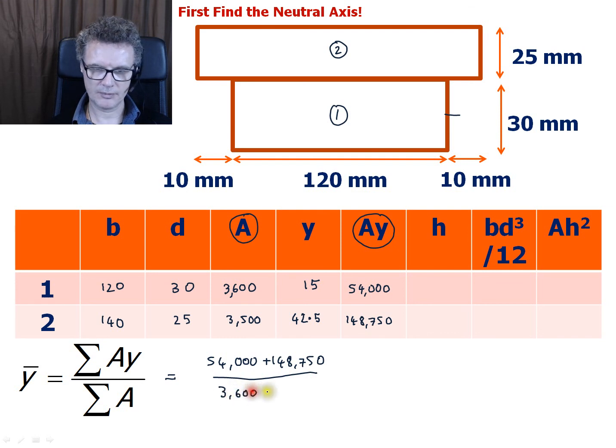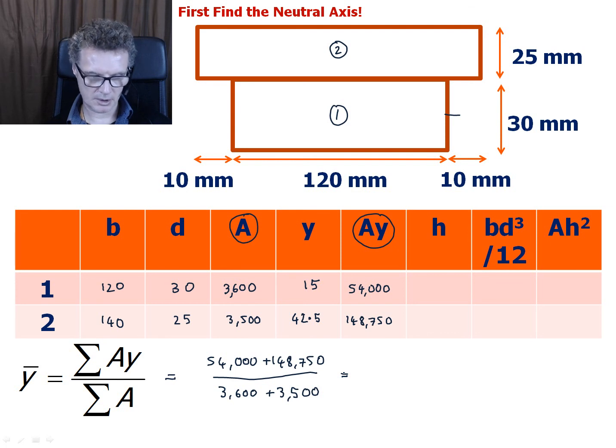3,600 and 3,500. So plus 54,000. Okay, so for the top I'm going to do this in one go, divided by 3,600 plus 3,500.